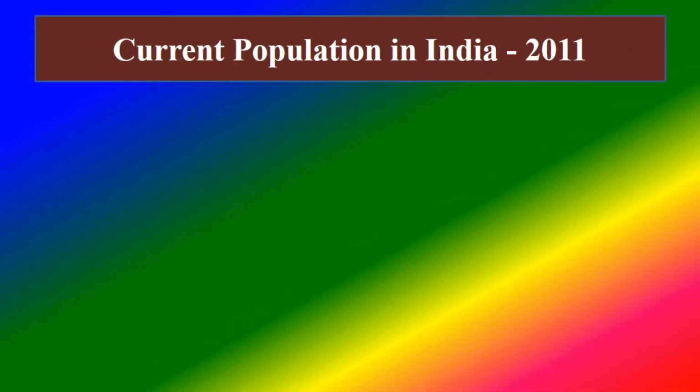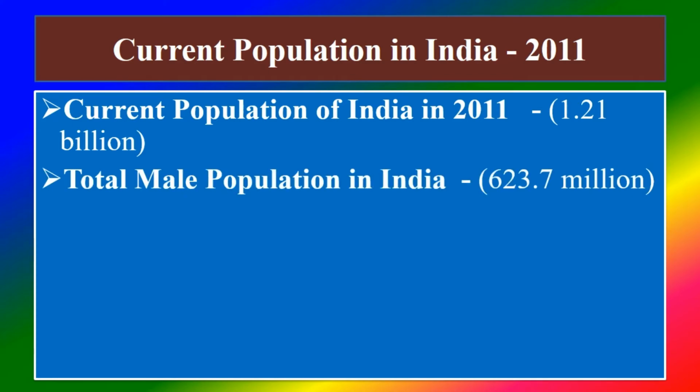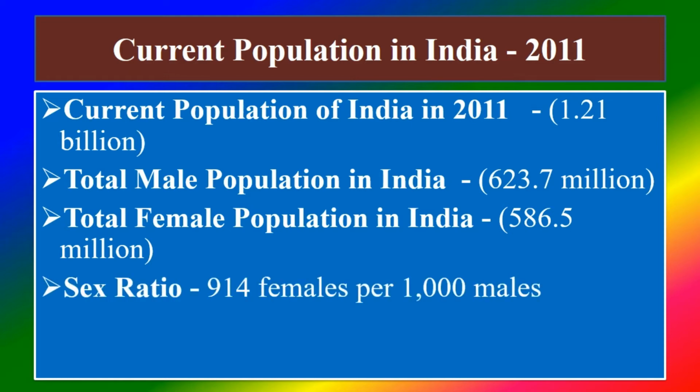Current population in India, 2011: 1.21 billion. Total male population in India, 623.7 million. Total female population, 586.5 million. Sex ratio, 914 females per 1000 males.